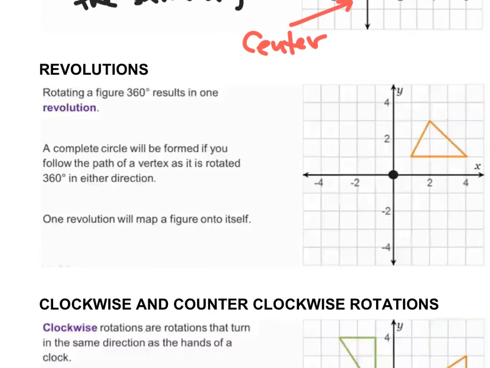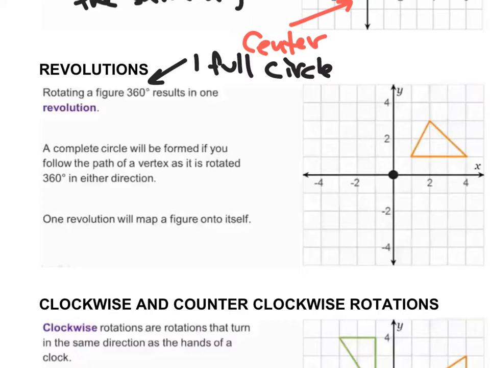So we have revolutions. Rotating a figure 360 degrees, which is one full circle, will result in one revolution. One revolution around a center will bring the point back onto itself.